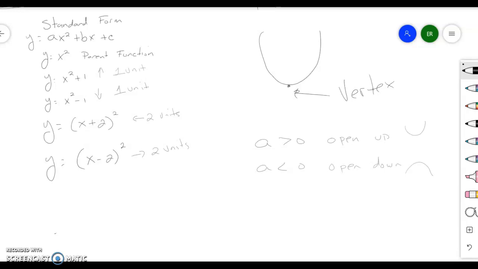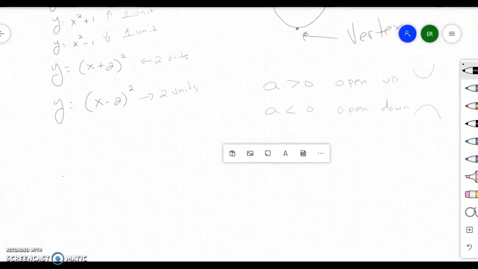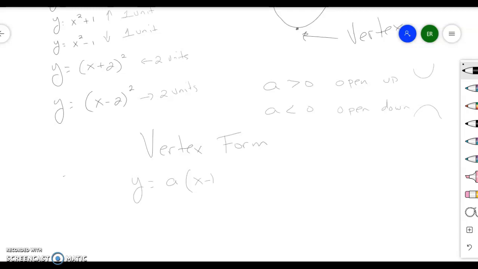Now we're not going to be limited to 1 or 2 units. We can move whatever the equation tells us. So now let's take a look at why these things work and what vertex form is. Vertex form is y is equal to a times (x minus h) squared plus k, where h comma k is our coordinates of the vertex.